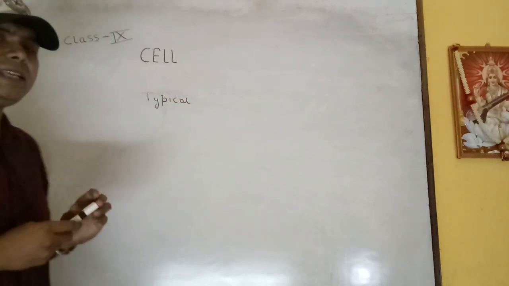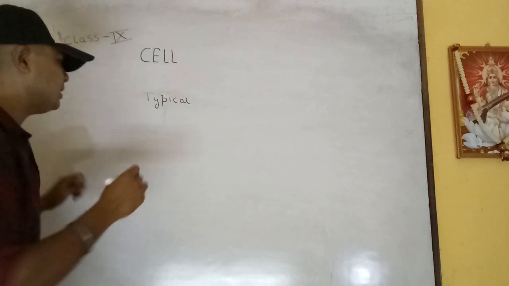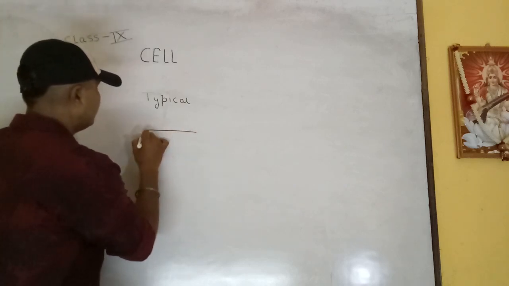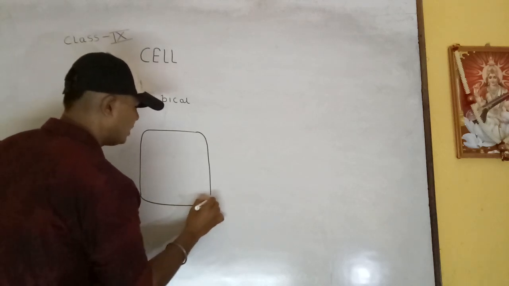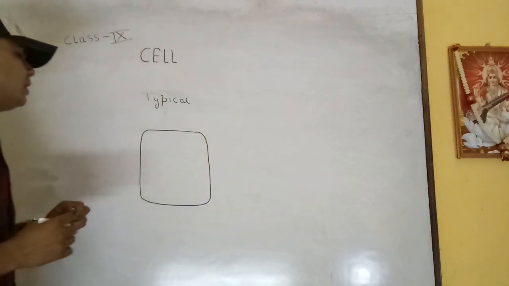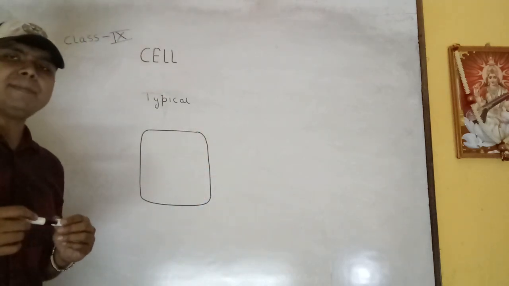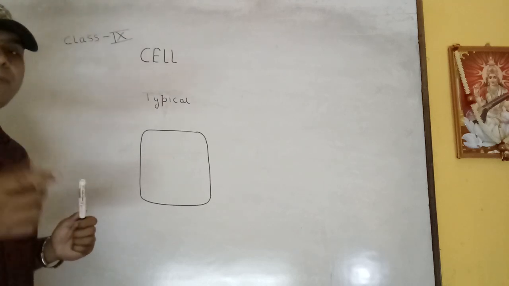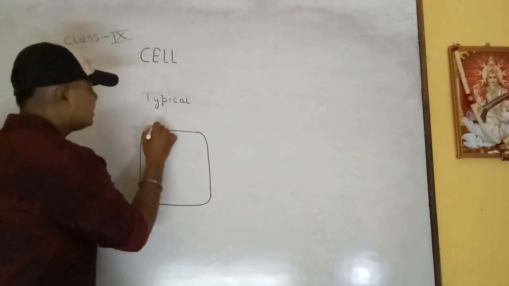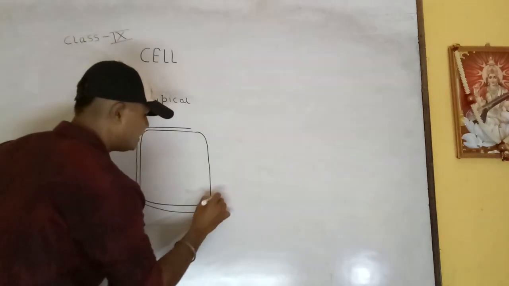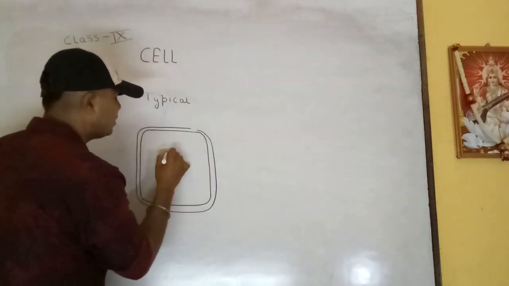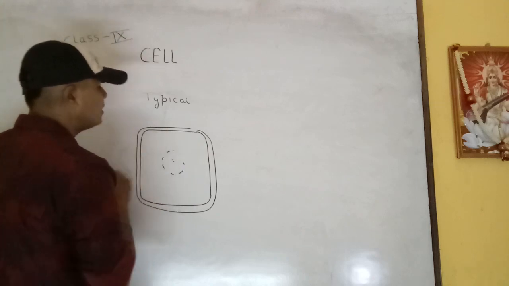The cell consists of various components. Suppose this is a typical cell. The outer covering will consist of the cell membrane or plasma membrane. If it is a plant cell, an additional layer of cell wall will be present. The central part in general consists of the nucleus.